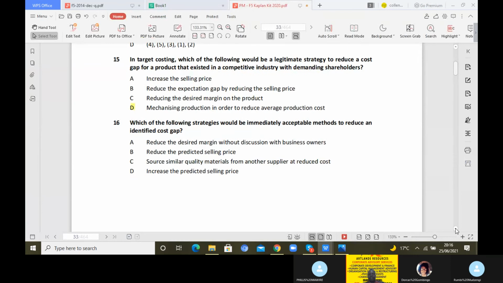Which of the following strategies would be immediately acceptable methods to reduce the identified cost gap? Notice, I said you'll be doing the answering. I'll be just confirming.